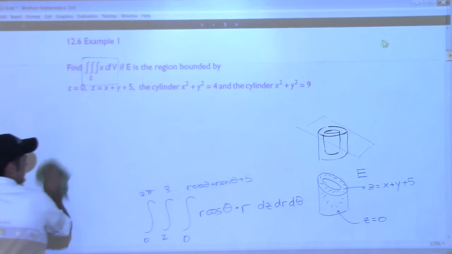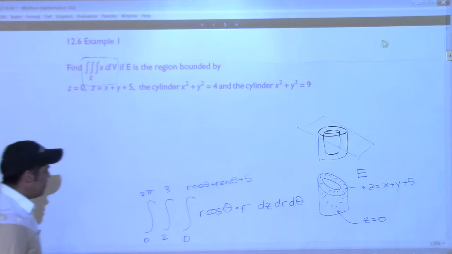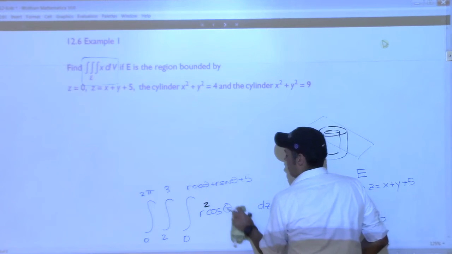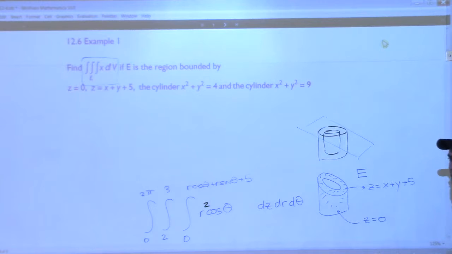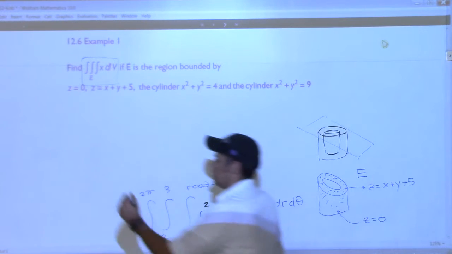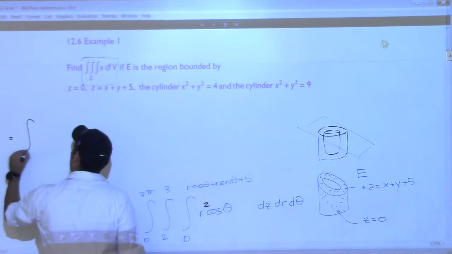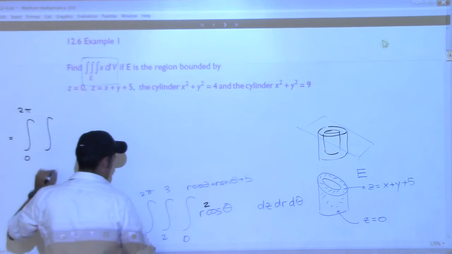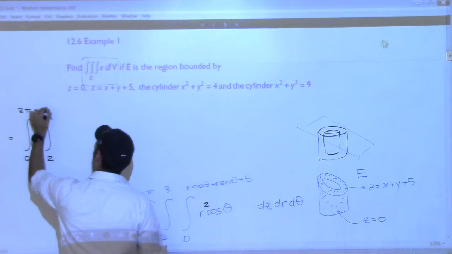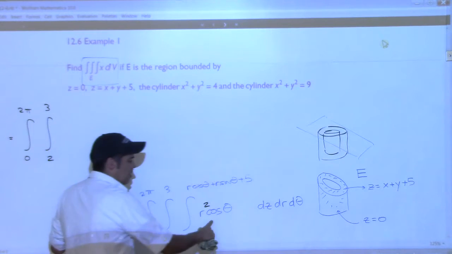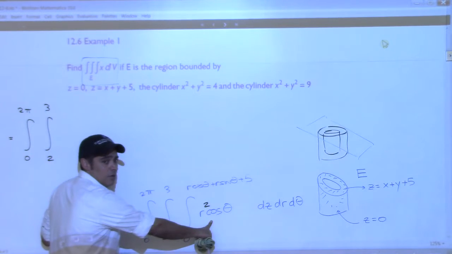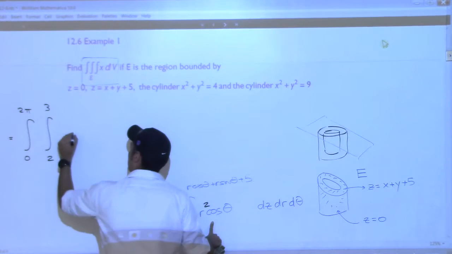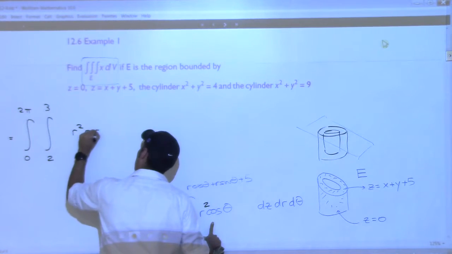And this is just tedious work at this point. I'm going to change this to r squared. Get rid of that r. Okay, let's do the inner integral first. Since we're doing it with respect to z, we treat all of this like a constant because there is no z here, right? So the antiderivative of that with respect to z is r squared cosine theta times z.